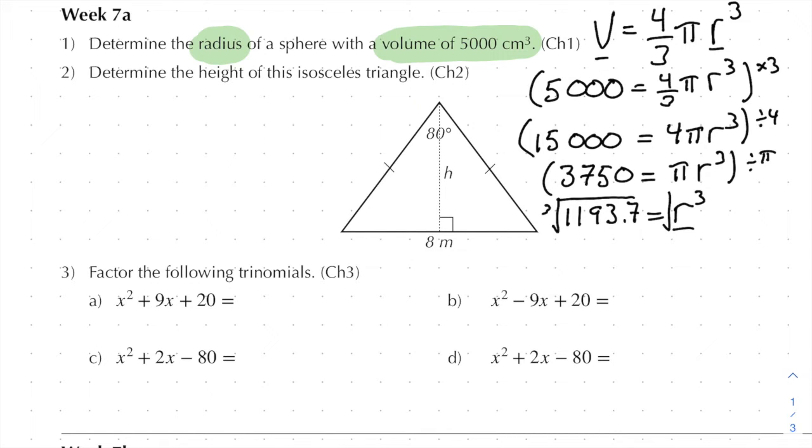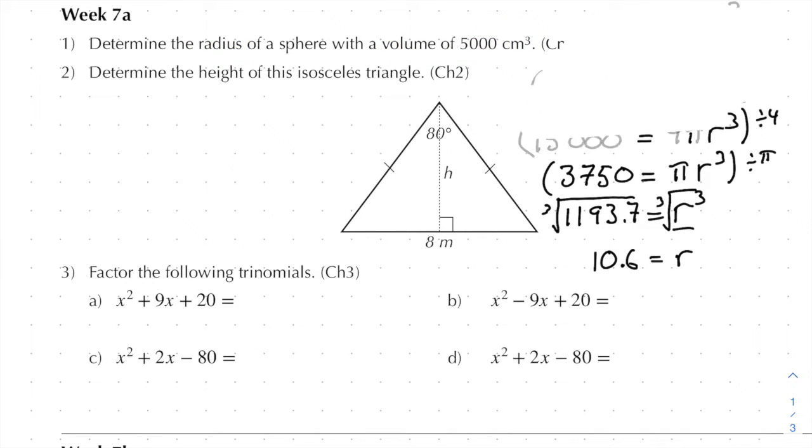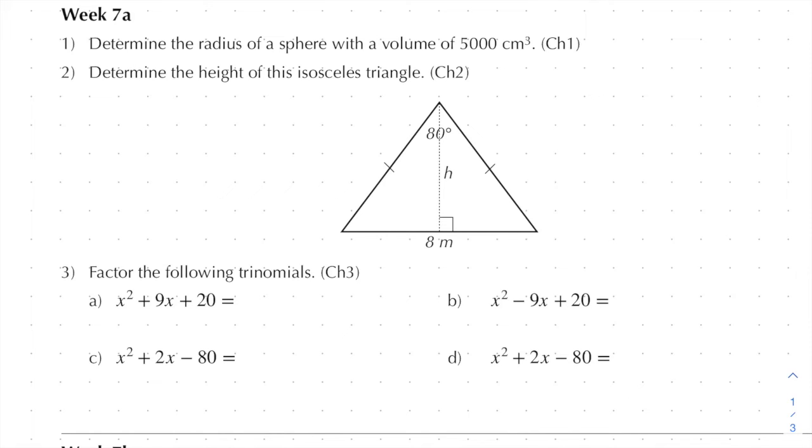So my r is equal to 10.6. And that will be in centimeters. So it's important that you know how to take a formula and work it backwards. I'm going to erase my work here and put up my answer.